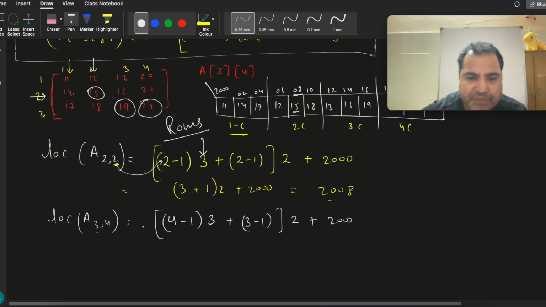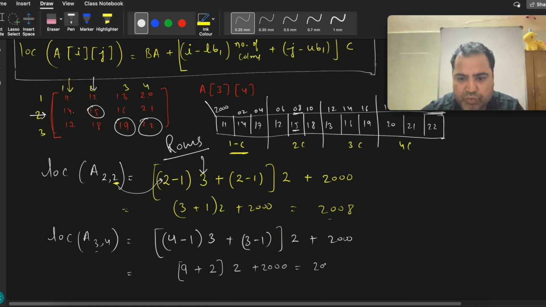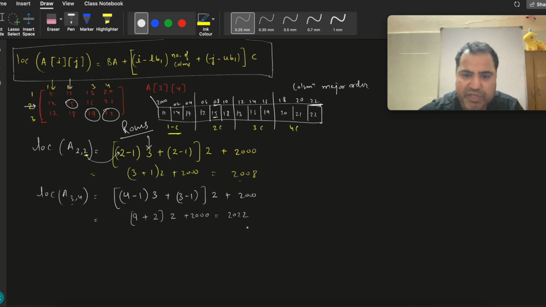So it will be 4 minus 1 is 3, 3 threes are 9, 3 minus 1 is 2, right? And this will be 2 plus 2000. So 9 plus 2 is 11, 22, it is 2022, right? So this is being calculated correctly, right?